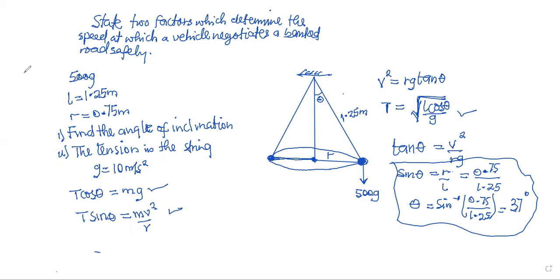So using the first equation, T cos of 37 is equal to the mass, which is 500 gram, which is 0.5 kilogram, times the acceleration value of 10, as we are asked to use. So T therefore would be equal to 5 divided by cos of 37 degree. What is 5 divided by cos 37 degree?